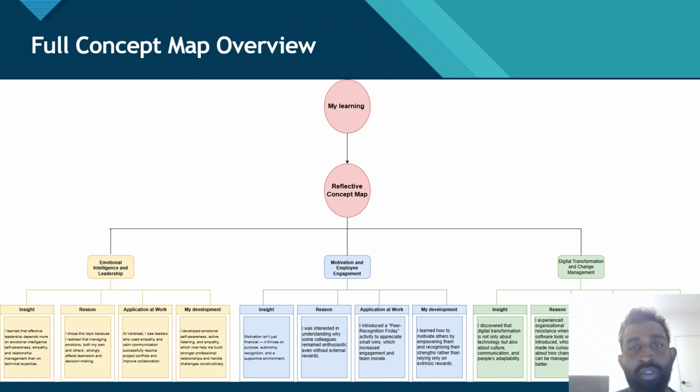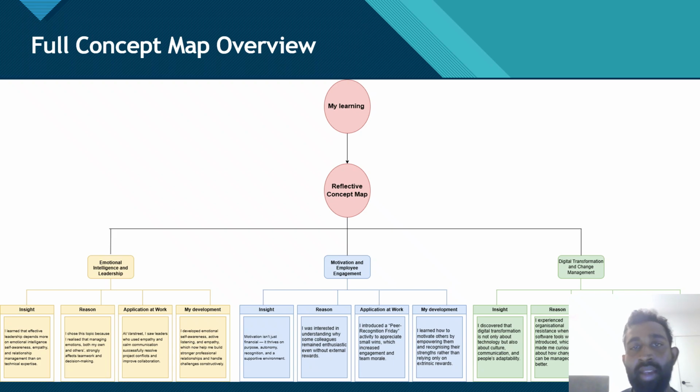At the top, you can see my learning as the central theme, showing how my overall understanding of management evolved through the subject. Below that, the map divides into three key topics that had the greatest impact on me: emotional intelligence and leadership, motivation and employee engagement, and digital transformation and change management.